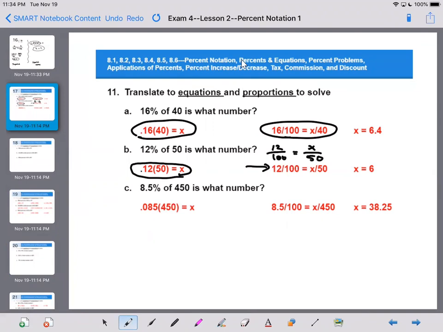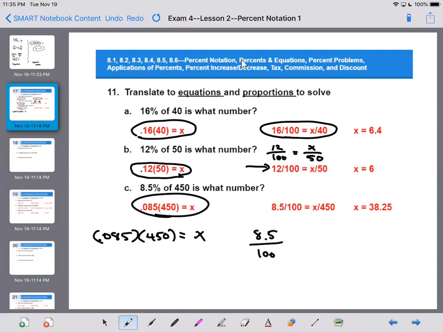If I want 8.5% of 450, I just change 8.5% to a decimal and multiply it by 450 to get the answer. If I wanted to do a proportion, 8.5 divided by 100 is equal to something out of 450. If you do the cross products and solve, you'll get 38 2500ths.